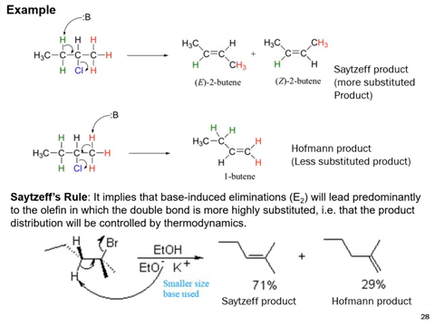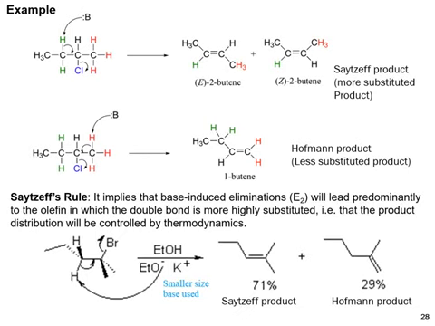Saytzeff's rule implies that base-induced elimination will lead predominantly to the olefin in which the double bond is more highly substituted, so the product distribution will be controlled by thermodynamics. A highly substituted alkene is more stable as compared to a less substituted alkene. So, according to Saytzeff's rule, the stable alkene will form as a major product.